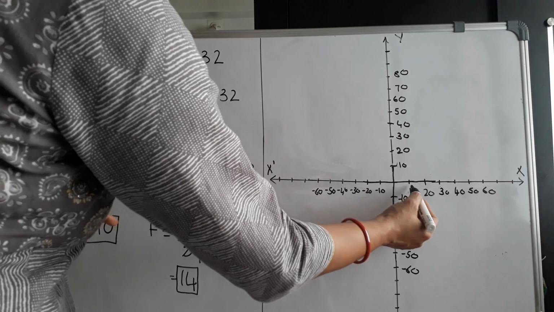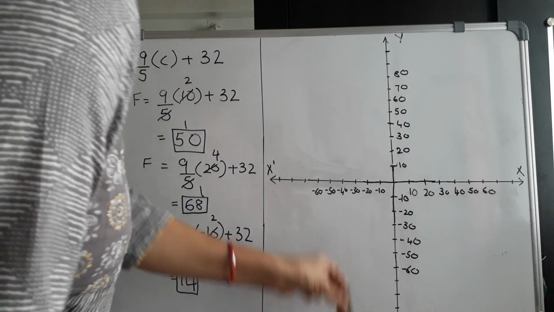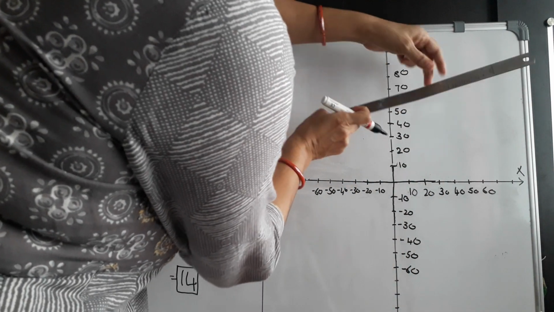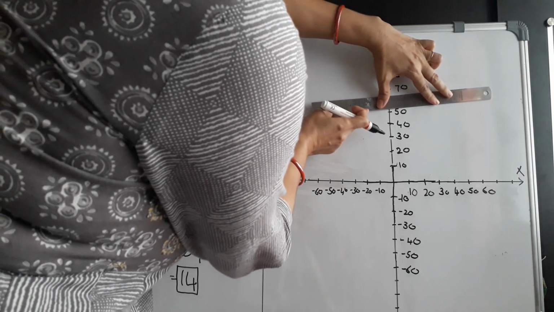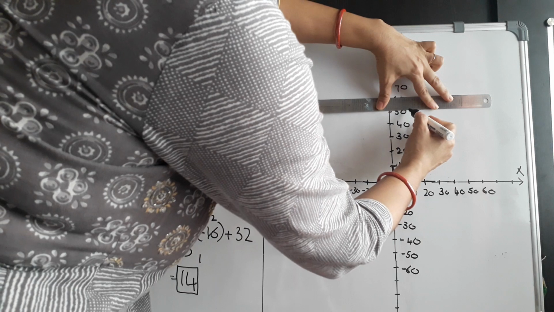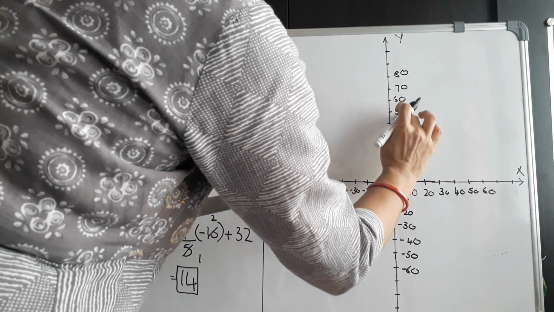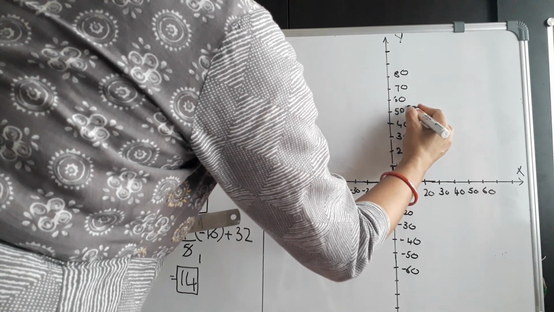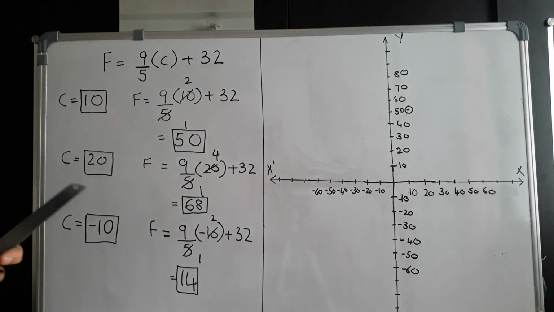So here this is our 10 and 50. Let me use the scale. This is 50 and this is 10. So the point comes here. Let me make this a smaller one. So this is the point 10 and 50.